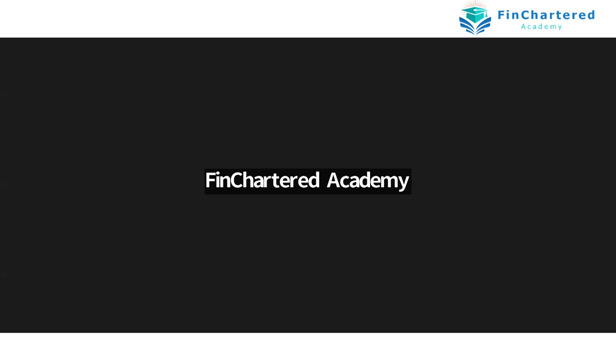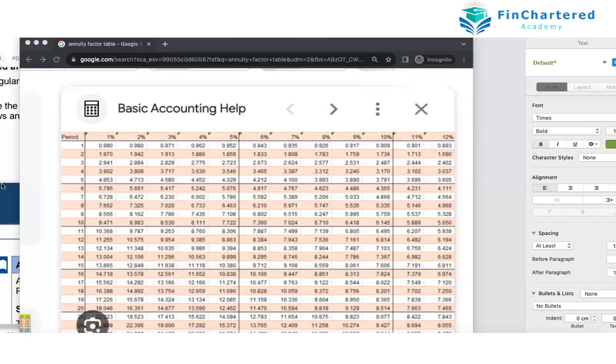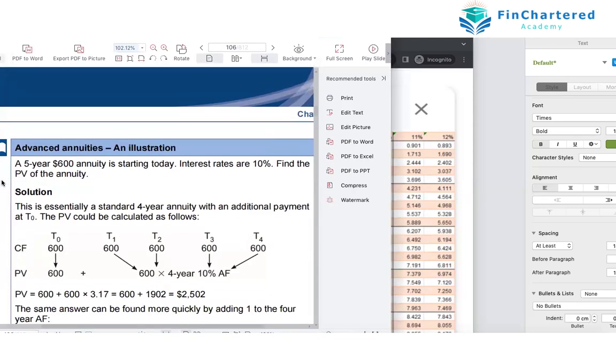If I open my annuity factor table, it is how much? 10%. Was it 10%? 10% for 5 years. Yes.